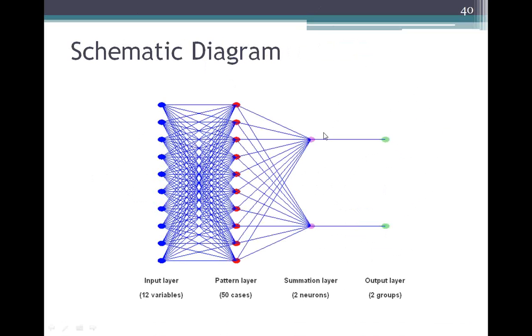The summation layer is where I take all of those variables, analyze the patterns, and determine a score for Obama versus Romney. And then eventually, depending upon the scores, I'll come up with some output.